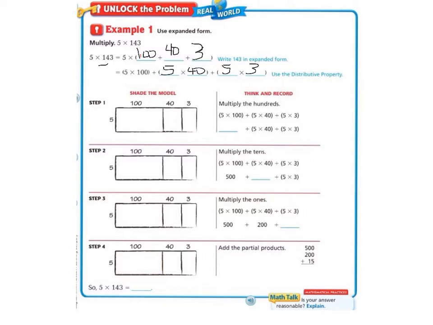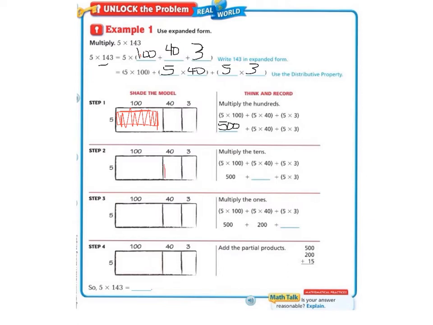So the first thing that we do is we multiply by the 100. So we're going to shade in this area. This is what we're doing first. 5 times 100 is 500.